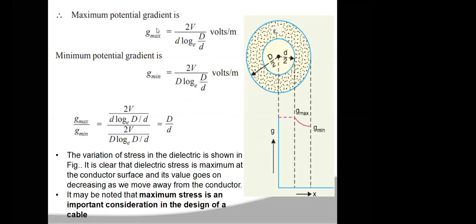So the maximum stress will be on the surface of the conductor. Generally, while designing a cable, you have to consider this maximum value, right? What is the maximum stress on the core, on the cable, that you have to consider while designing the cables.